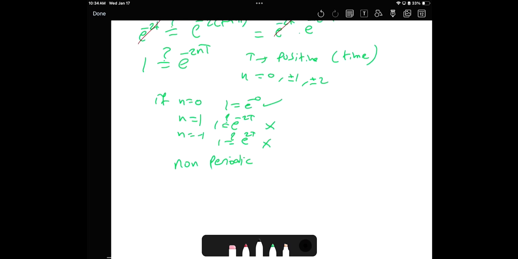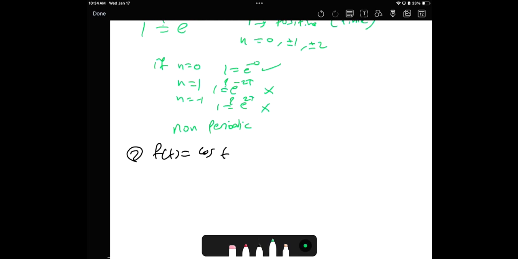How about another function? f of t equals cosine t. Now let's check, is it periodic or not? Does f of t equal f of t plus 2nT? Let's substitute. f of t here is cosine t. Is it really equal to cosine of t plus 2nT? How can we do the cosine?